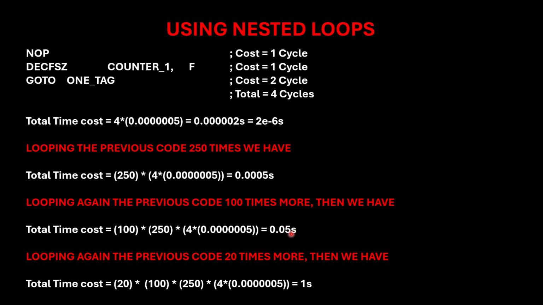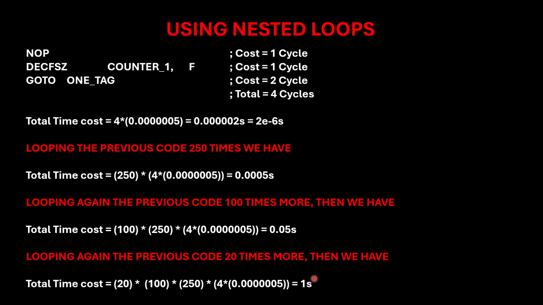We are almost there to the 1 second that we need, but still we need to loop the previous code 20 times more, okay? And then we have 20 multiplied by 100 multiplied by 250 multiplied by 4 multiplied by the cycle time, and now we get the 1 second that we are looking for.